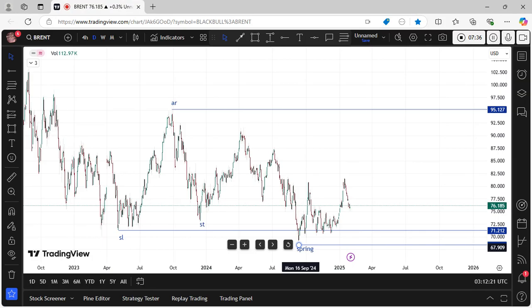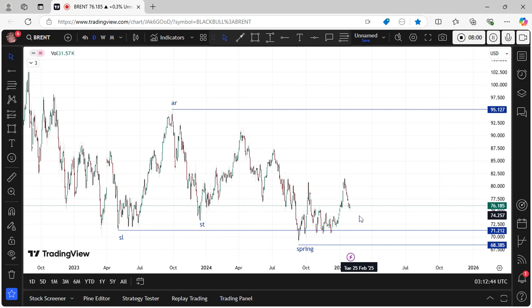So there is a change of momentum from bearish, which is price going down, to bullish, which is price going up. After the spring, you will start seeing price forming consecutive higher highs and higher lows.